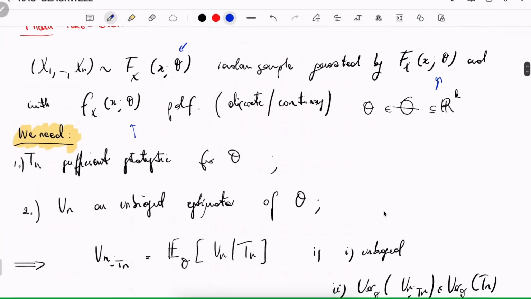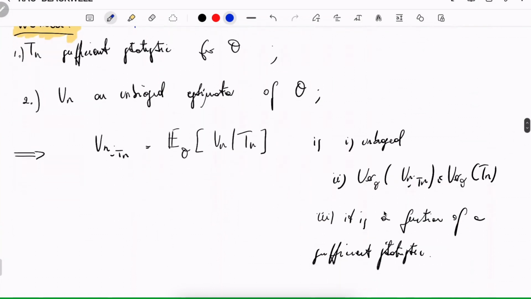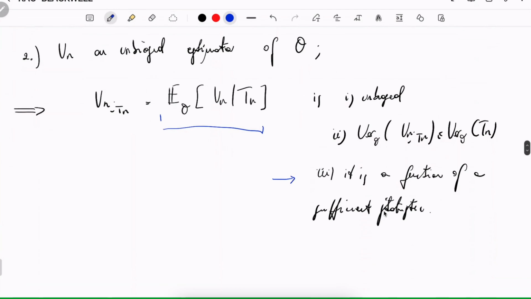We're going to do the proof in just a second. As you can already see, this one follows literally by definition, if you're familiar with some not too advanced probability theory. This object right here is a function of T_n, hence 3 basically follows by definition.